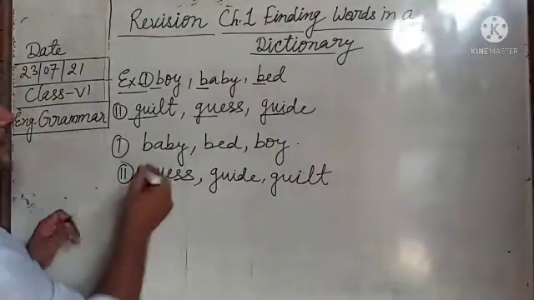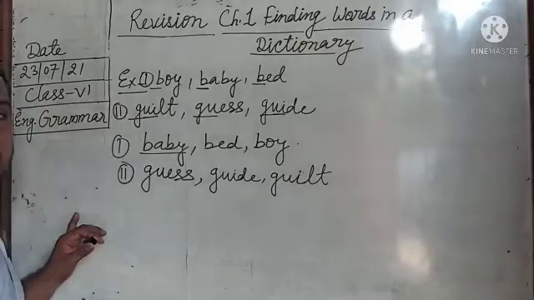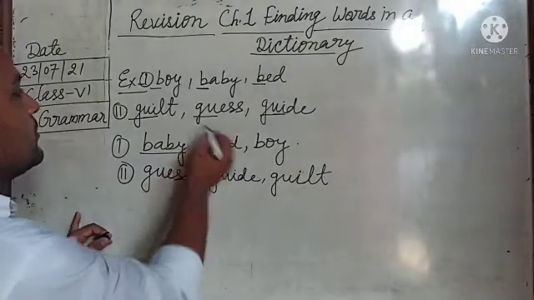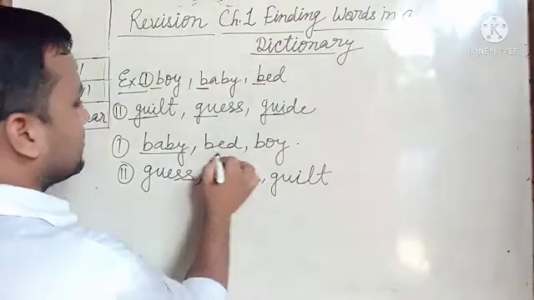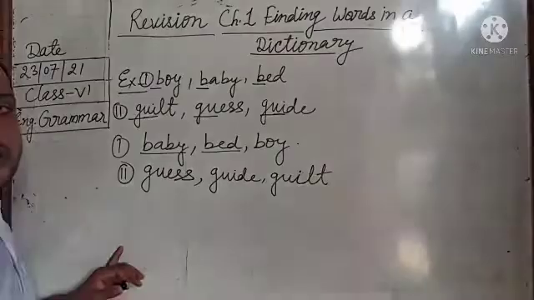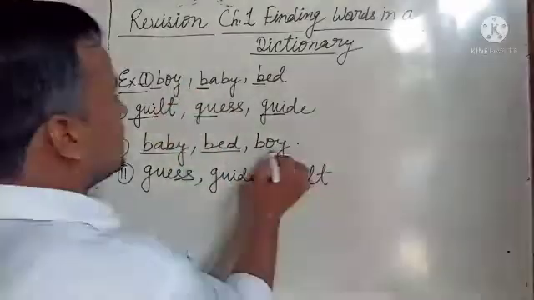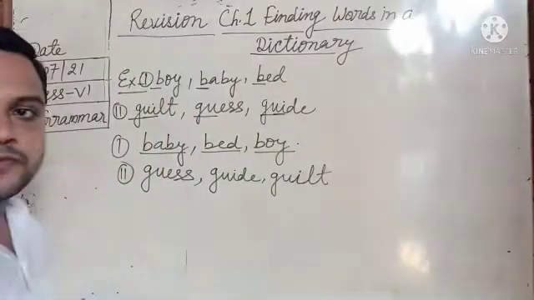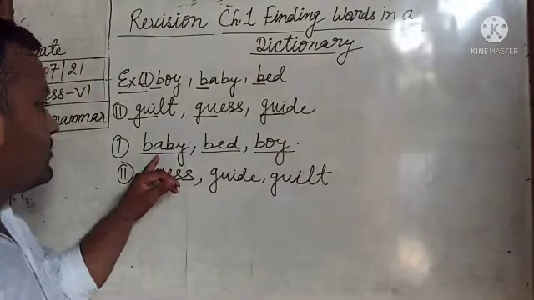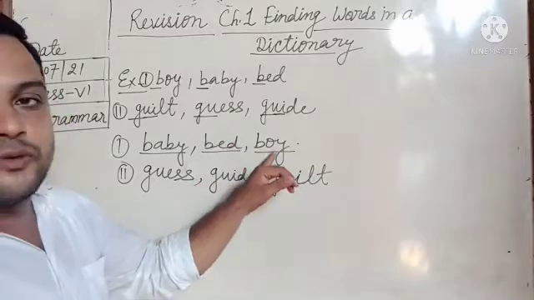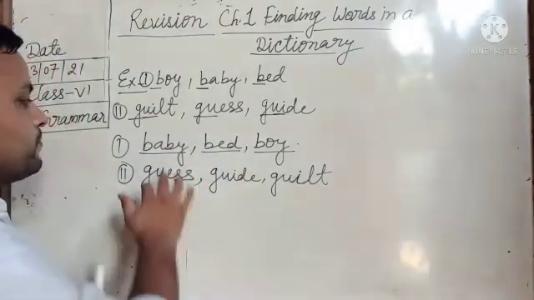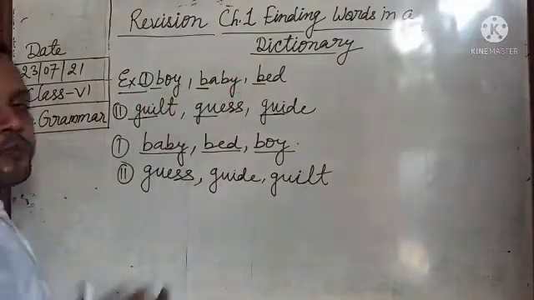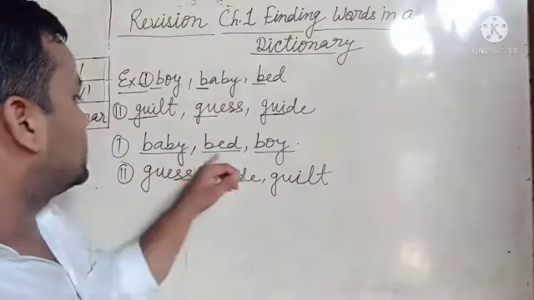So here we will write baby. Then A comes before E, E comes after A, so bed will be the second word. And after E, O comes. Then boy will be here. A comes before E, E comes before O in the alphabet.